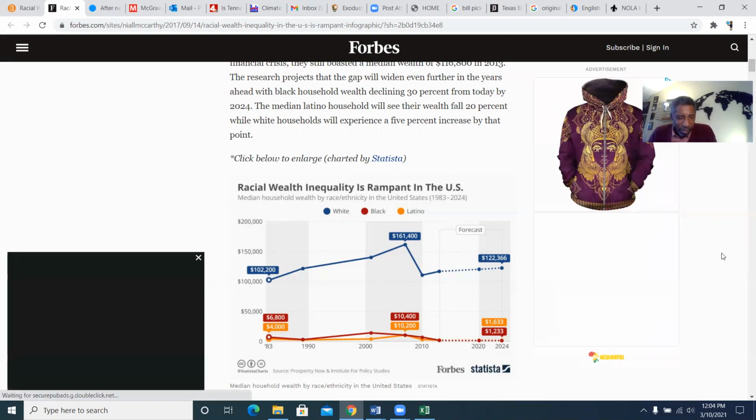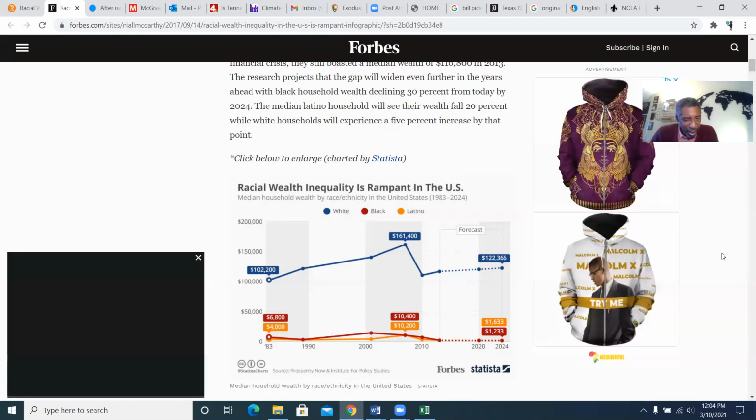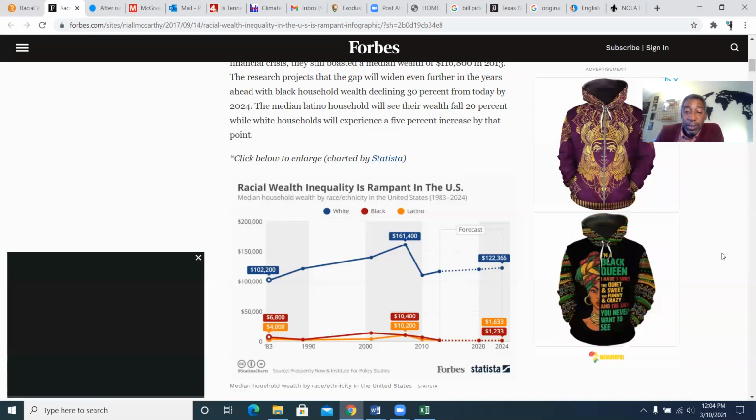So prior to the housing market collapse, we still had Black household wealth at $10,400 per year being about 10% of white household wealth. But when we get into about the year after the recession, notice that wealth went down to about $1,000 per household for Black people.